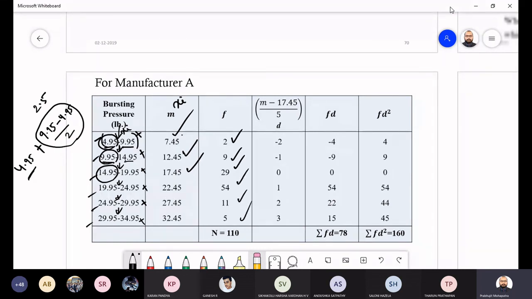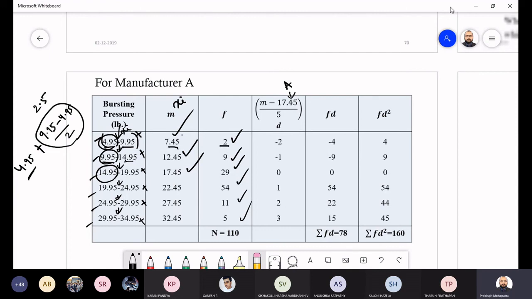Here they have not calculated the mean directly; they have used the step deviation method. So they have taken an assumed mean A as 17.45. You can go for the assumed mean method, or you can find the sum of xi times f divided by n. Here the calculation will be a little bit difficult and lengthy.